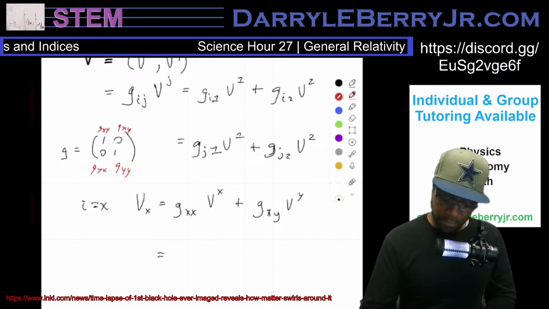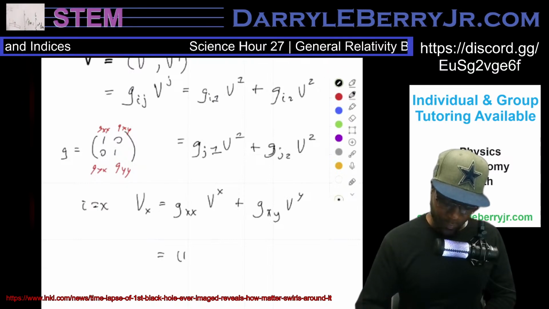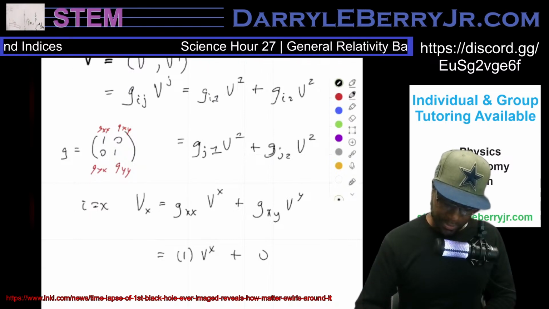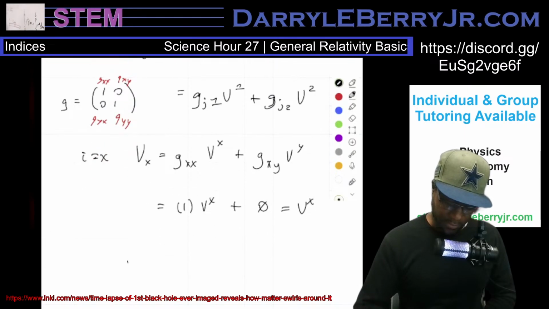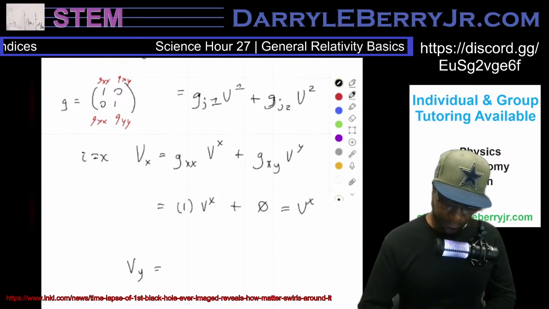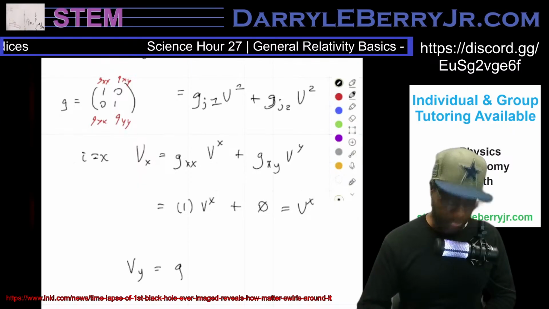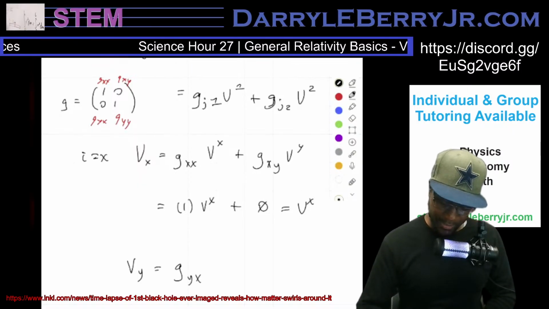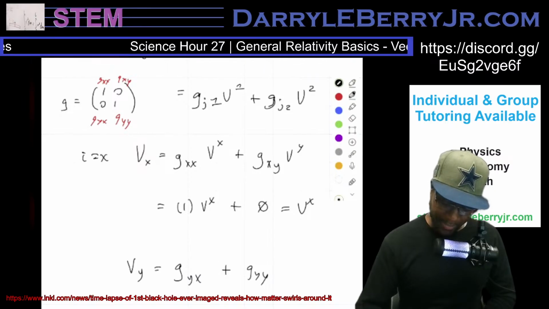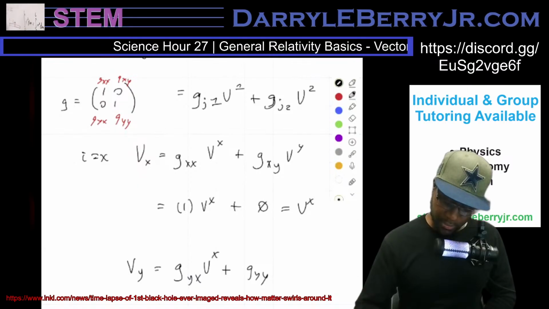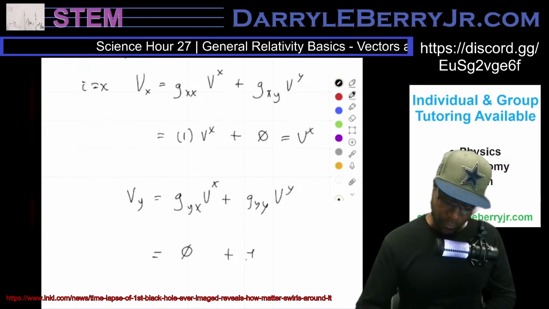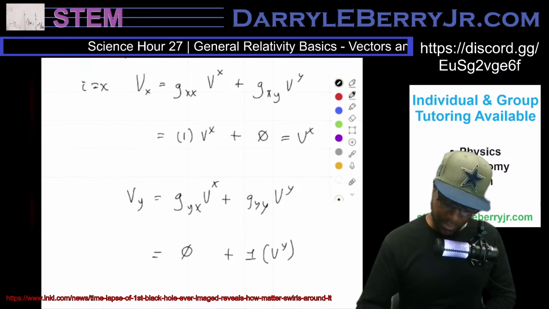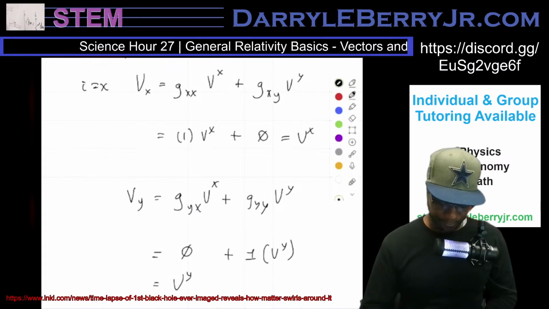So what this means is that we're going to have 1 here, Vx plus 0, so Vx. Vy is going to be the same thing. It's going to be Gyx Vx plus Gyy Vy, 0 plus 1 Vy. So this equals Vy.